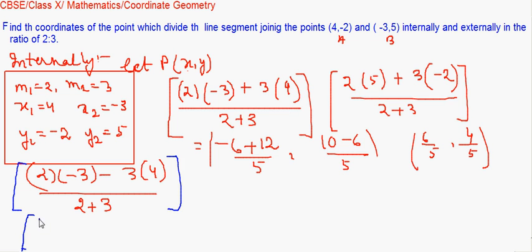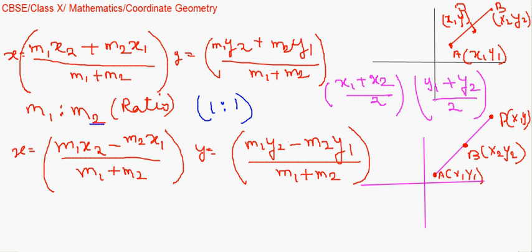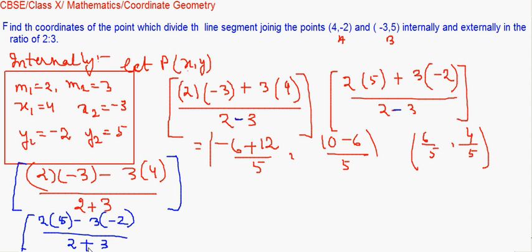So it will be 2 into 5 minus 3 into minus 2 by 2 plus 3. Oh, I think I made a mistake here. There it is M1 minus M2. Let me check the formula on the previous page as well. Did I give you a wrong one? Oh, I'm so sorry. It remains as M1 minus M2 because it is externally dividing. I then move on to rectify my mistake in the second part as well.